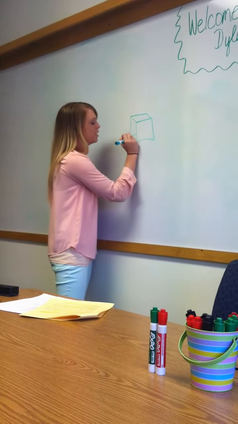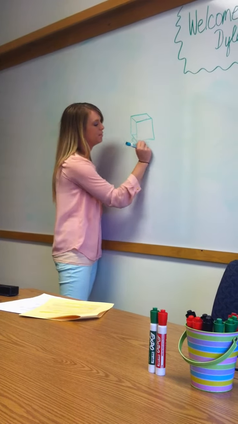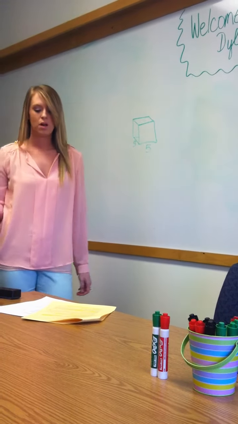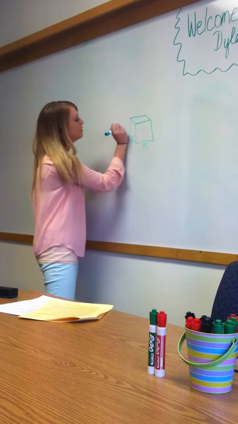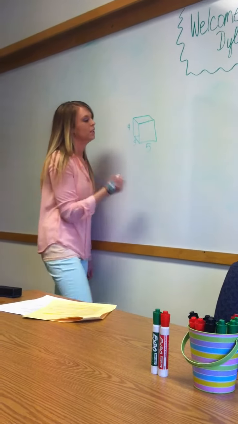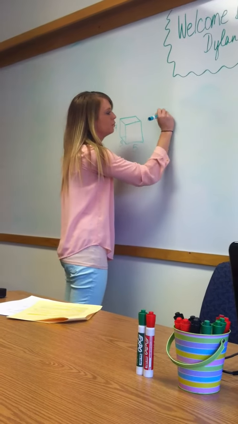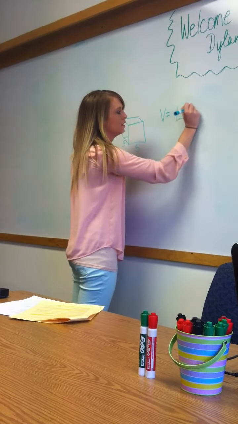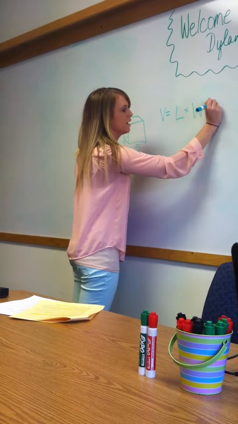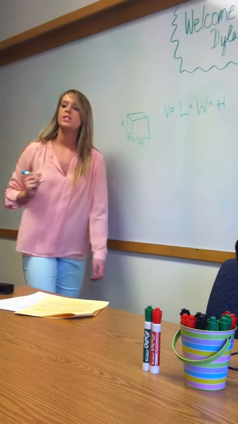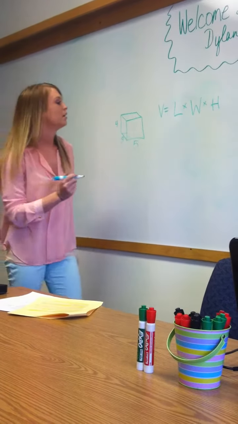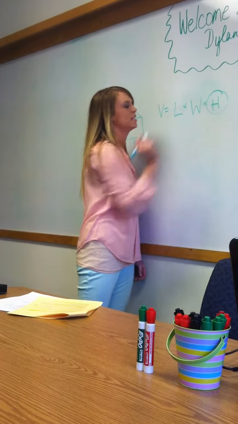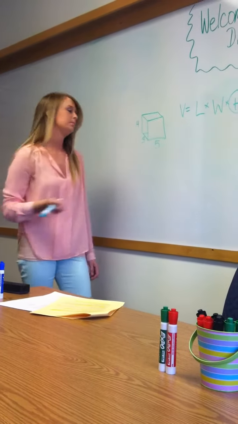We're going to take the same lengths, the 3 and the 5, but then we're also going to add a height of 4. So volume is going to be length times width times height. So now we see the difference between area and volume is that volume takes into consideration the height.